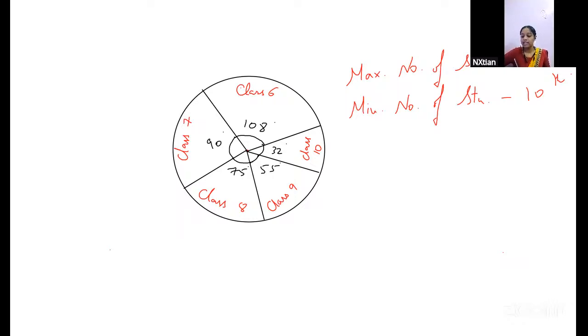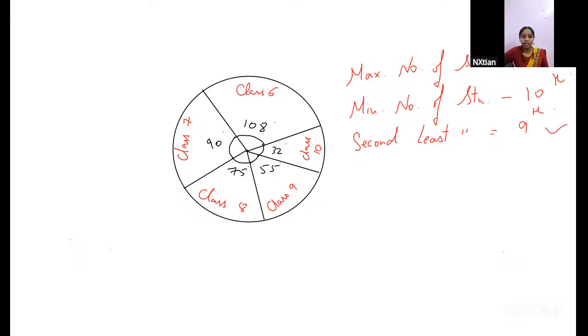Which class has the second least number of students? Abraham, ma'am, class 9. Second least, class 9. Very good. Okay, so that's all.